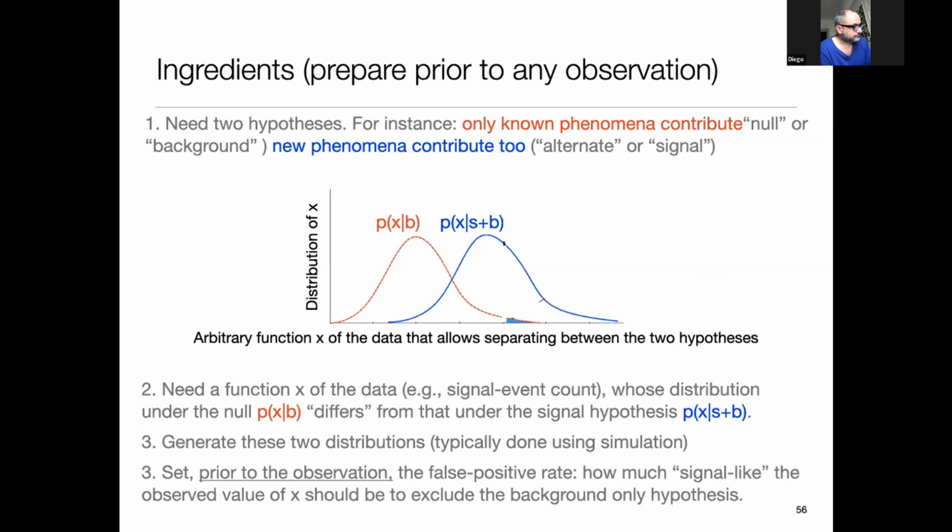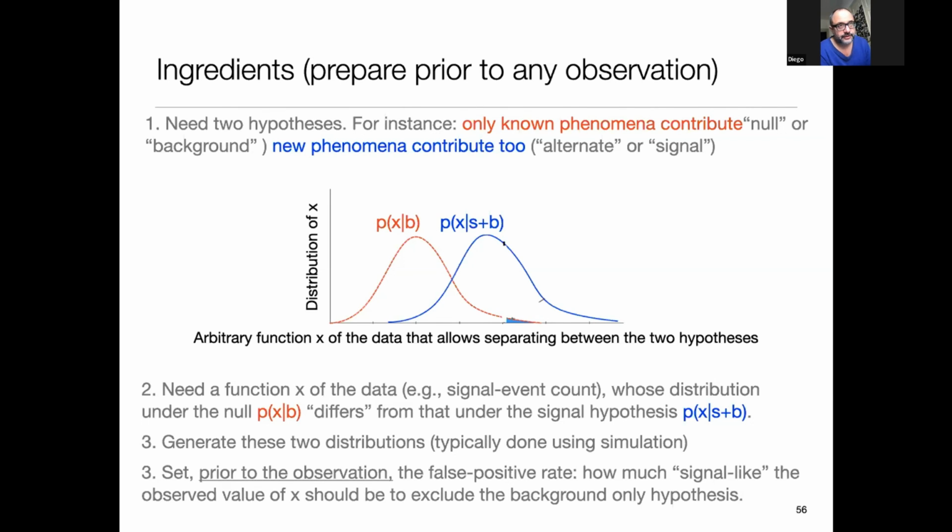So you have these two hypotheses, and then you need a quantity that is measurable in your data that can distinguish between them, right? So if I'm trying to see a signal in an invariant mass distribution, maybe the signal yield resulting from a fit could be that quantity, because this number is distributed differently. If I have signal in my data, it might have a distribution that follows this blue thing, or if I only have background, it will be something centered around 0.